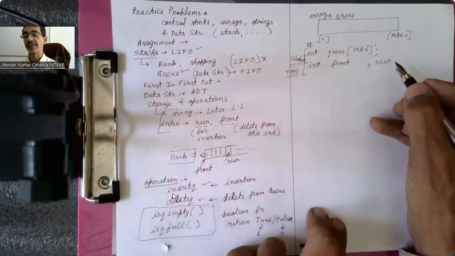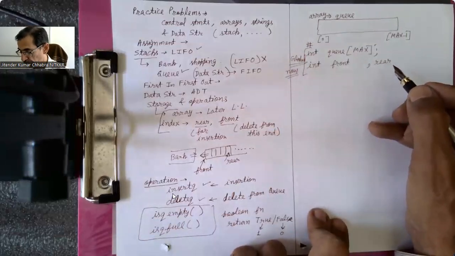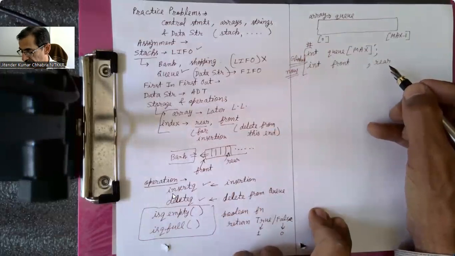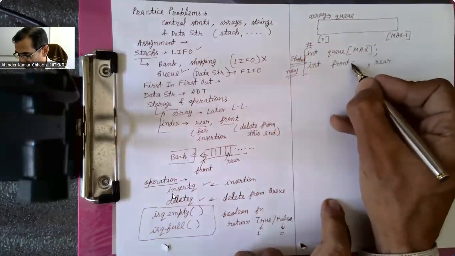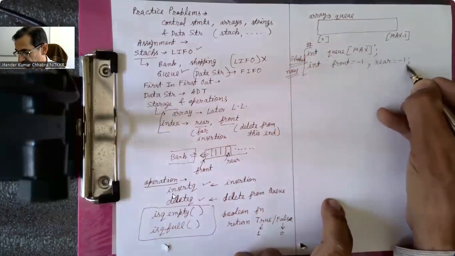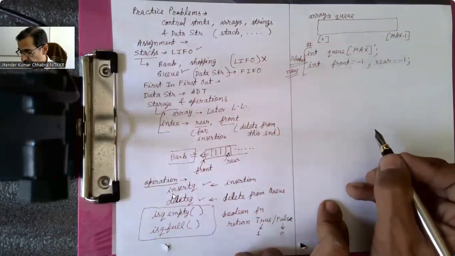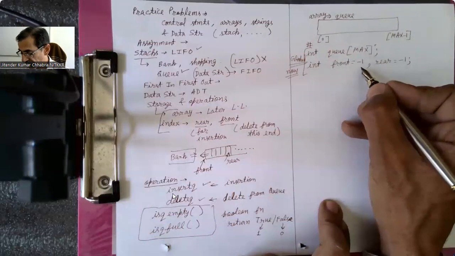What should be the front and rear initial value? Like in top, we said top always points to the topmost element. Here also the same thing will happen. Rear will point to the last filled location, and for maintaining uniformity, they are also initialized with -1. The logical reason for using -1 is that presently the queue doesn't exist.